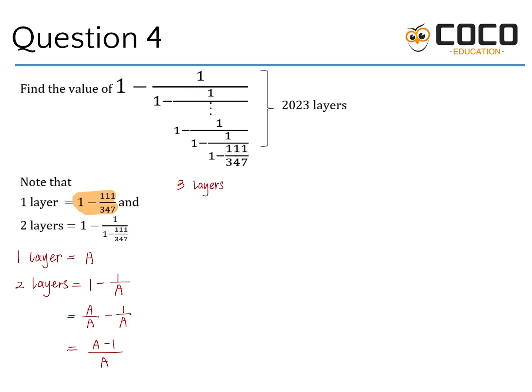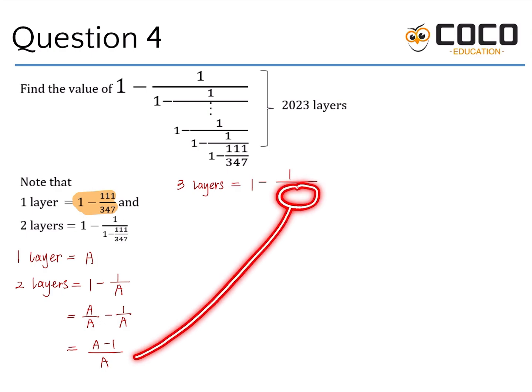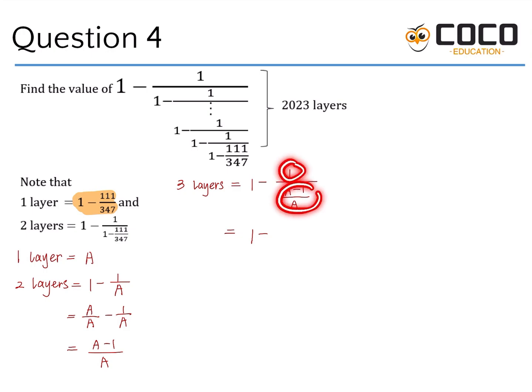We check for the next case, where it's 3 layers. There's 1 minus 1 over, now this number in the denominator is the number we get from the 2 layers. This is the A minus 1 over A. So 1 divided by A minus 1 over A, you find the reciprocal.